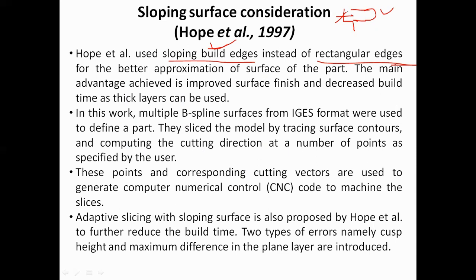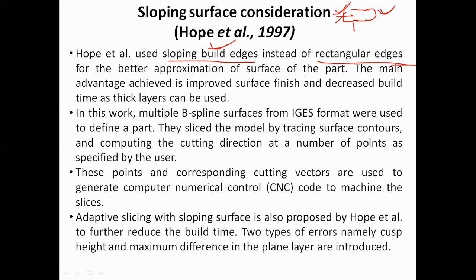What he said was that the surface roughness of this profile will be lesser as compared to the surface roughness of the rectangular profile. So a sloping edge will give you a better approximation of the whole building process.